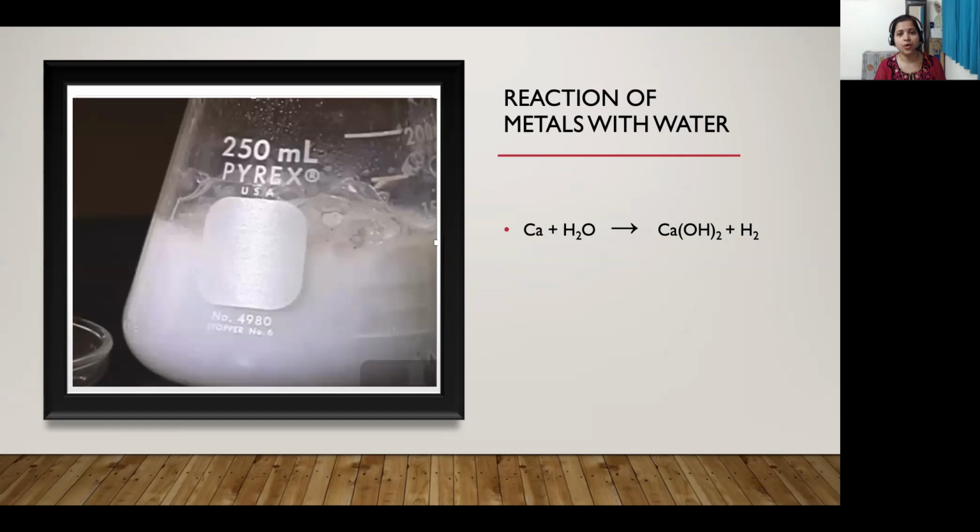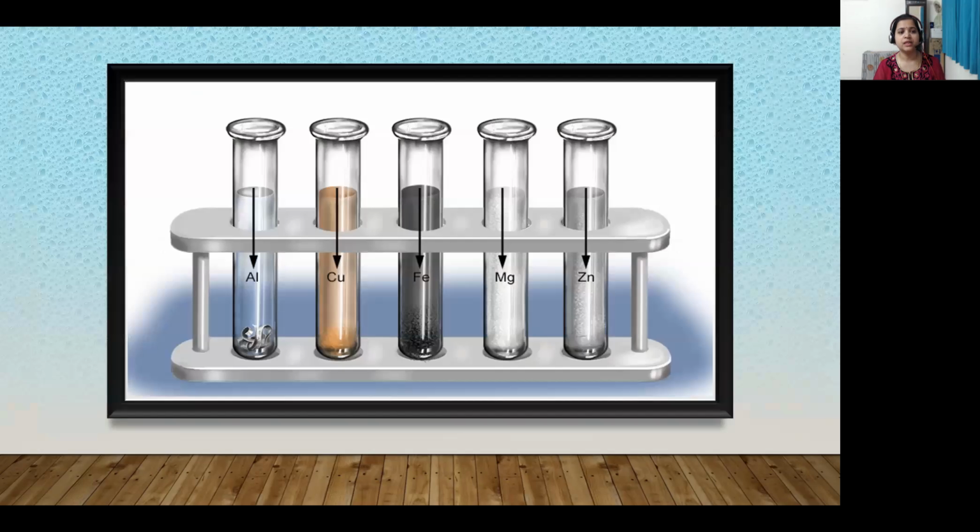Let's check whether all other metals react with water in the same way or differently. Here you can see in these test tubes there are different metals, for example, aluminum, copper, iron, magnesium, zinc. When we take aluminum, it will not react with cold water. It will react only with steam, which is the gaseous state of water.